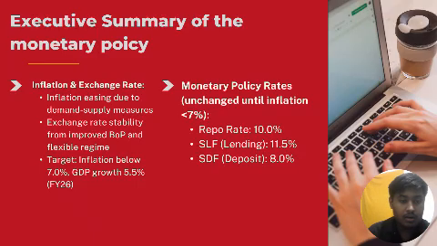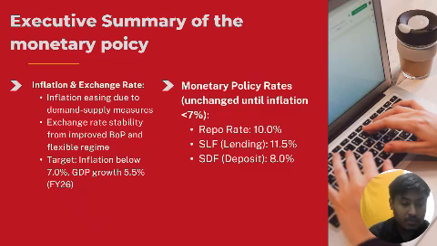So, the summary. We can see that inflation is easing due to demand supply measures, and exchange rate stability comes from improving BOP and a flexible regime.